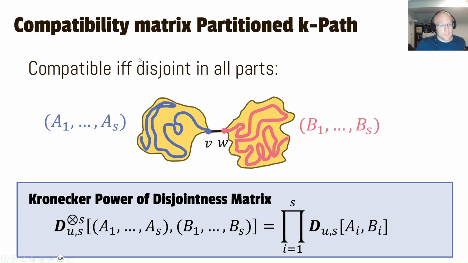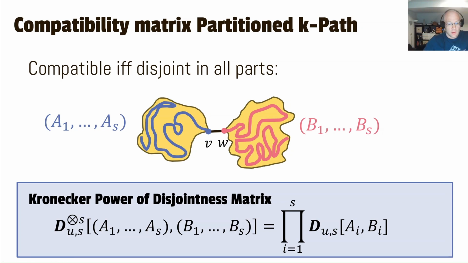So the new compatibility matrix is the Kronecker power of a smaller disjointness matrix. So we have universe U, which is the size of the V_i's. But in each block we only have S vertices, so that's why we have an S here in the subscript, because A_i union B_i now needs to be of size S. And then we have this Kronecker power there.